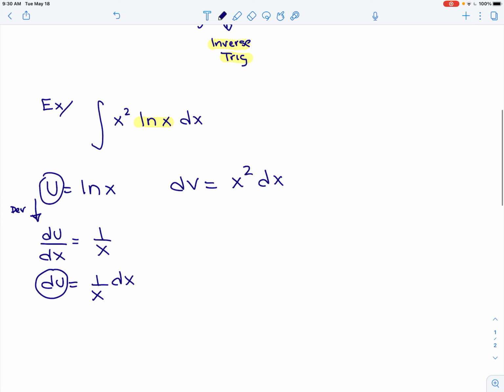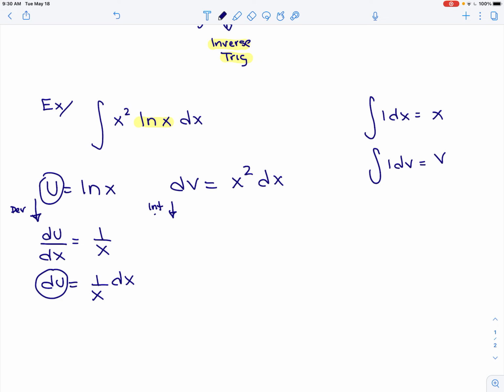Then I'm going to take the dv and integrate. Let me show you something up here. If I integrate 1 dx, what would I get? Well, you should get x, right? So if I take the integral of 1 dv, I should get v.